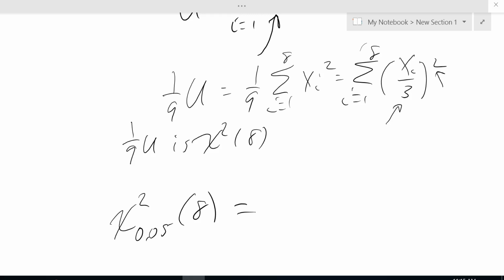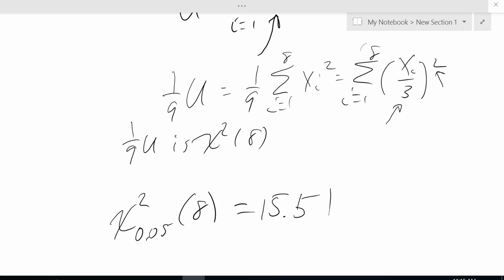I know, I'm slacking. I don't have the entire chi-squared table memorized, because I'm going to waste time doing that. Chi-squared of 8 at 0.05 is 15.51. So that's your 95th percentile of a chi-square random variable with 8 degrees of freedom.